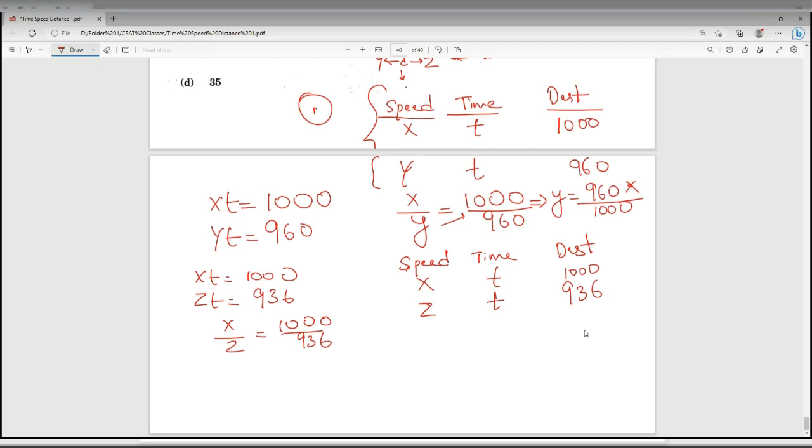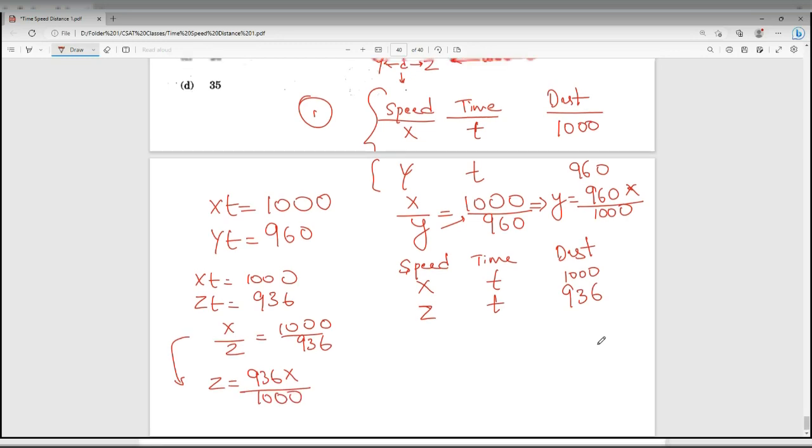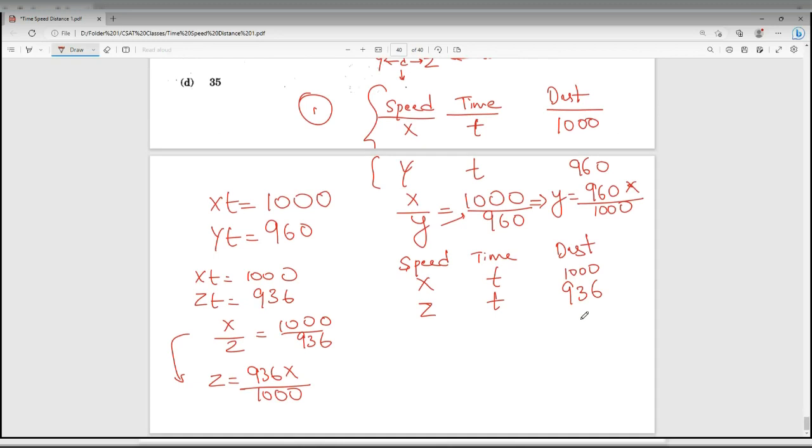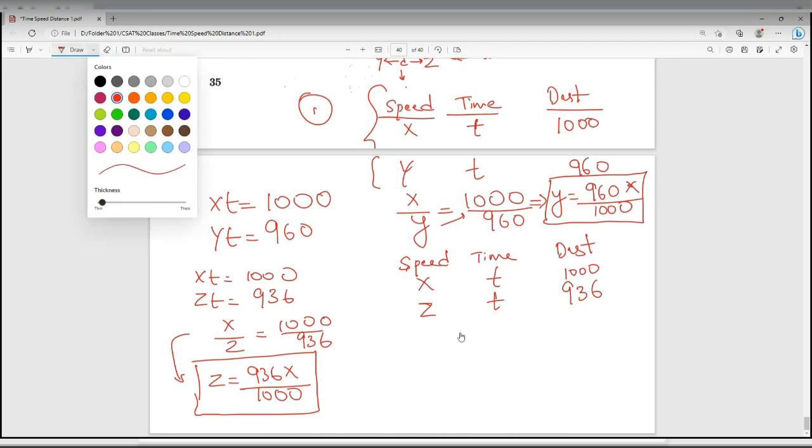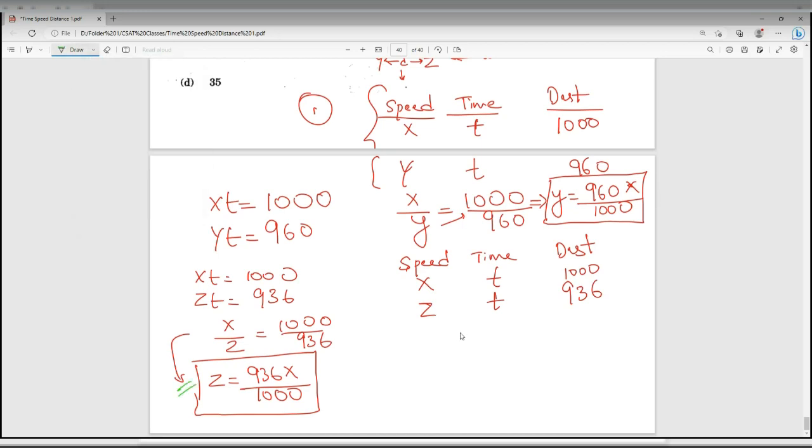And from this equation, we have Z is equal to 936 X divided by 1000. I hope you have understood this. I have tried to calculate the uniform speed of Z in terms of X and the uniform speed of Y in terms of X here. So we know Y and Z. This is one part and this is the second part.